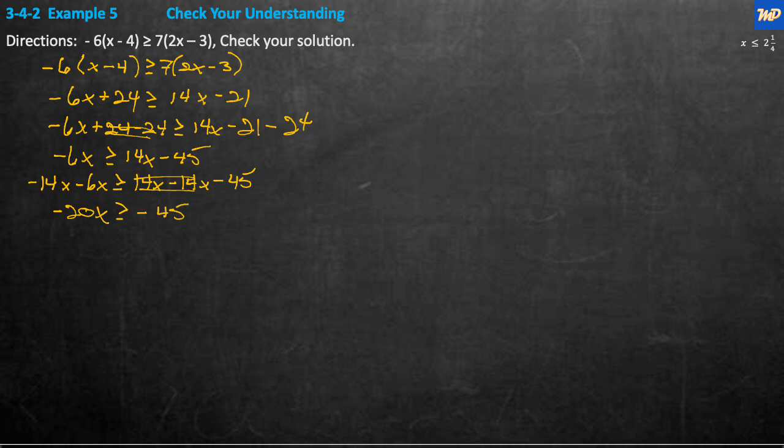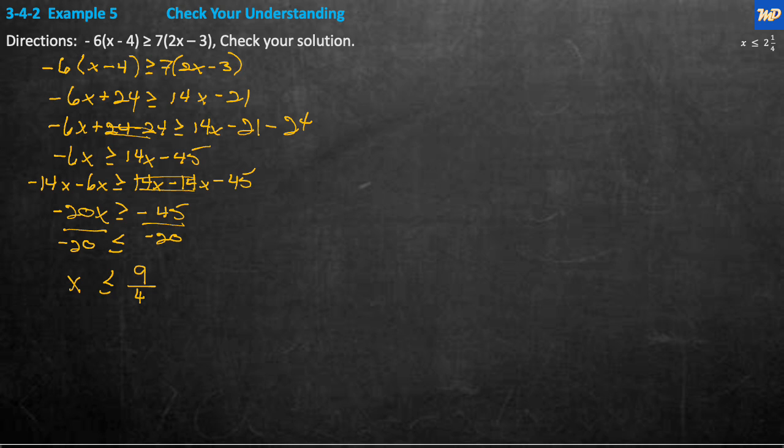So we have to divide both sides by negative 20. And when we do that, the symbol will change directions, and we'll end up with x is now less than or equal to 9/4. So there's the solution.